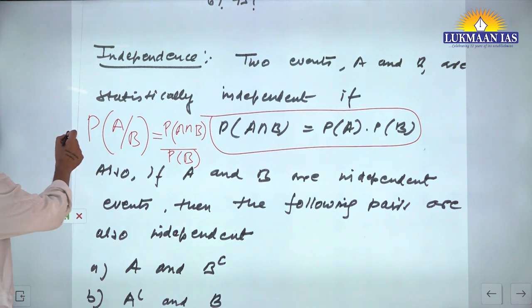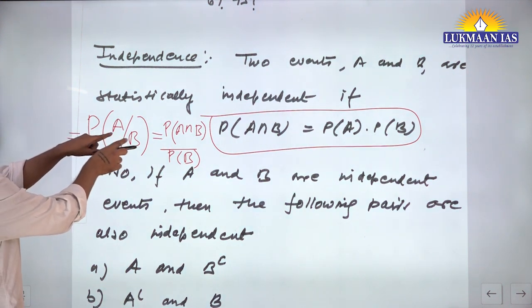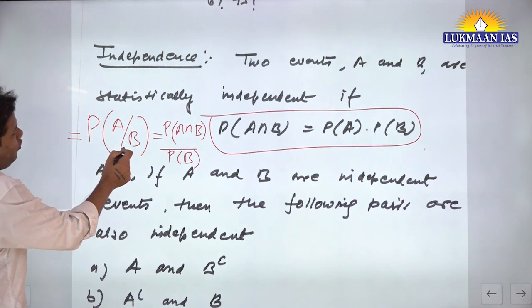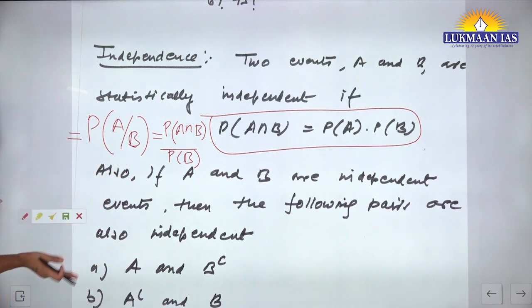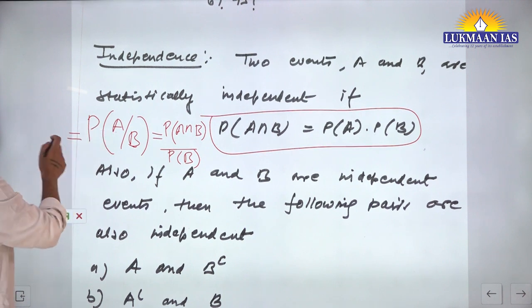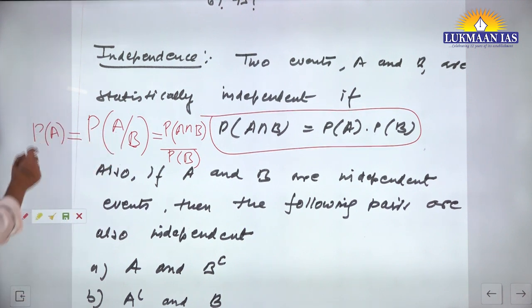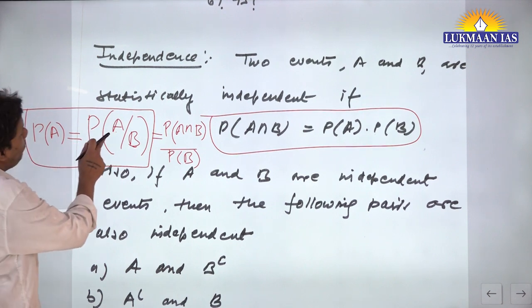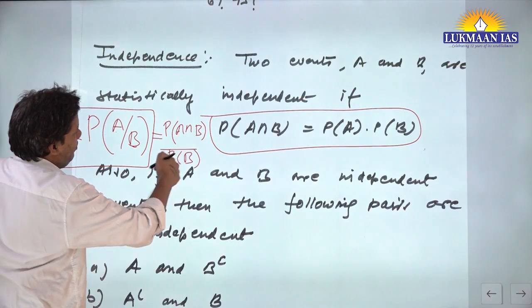If A and B are independent, it means that suppose B has happened, what is the probability of A happening? Since A and B are independent, it will be equal to probability of A, because B happening or not happening makes no difference. This is the condition of independence, and you also know that probability of A given B is given by probability of A intersection B upon probability of B.